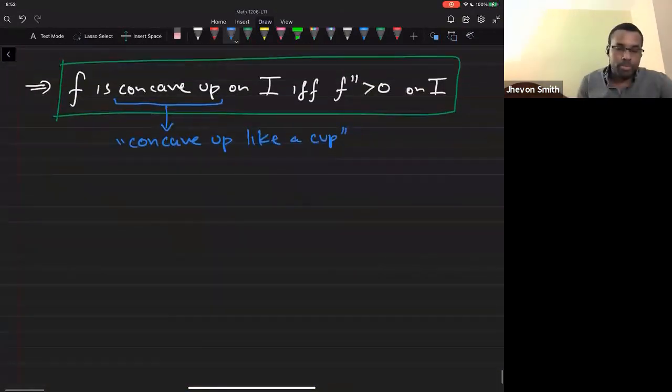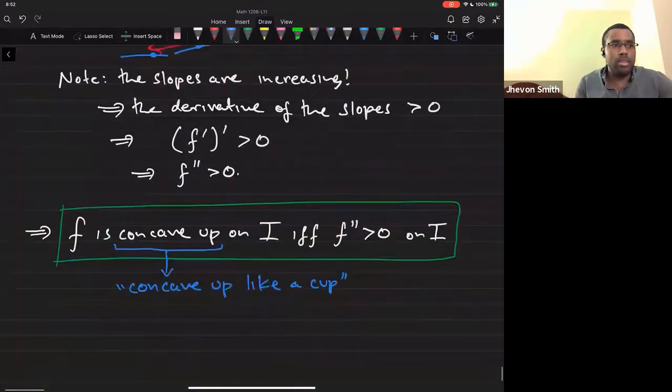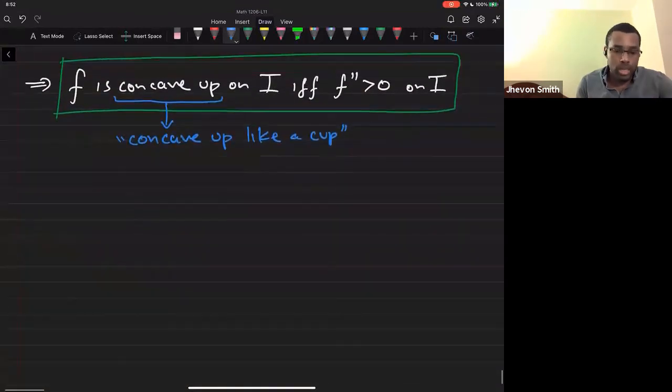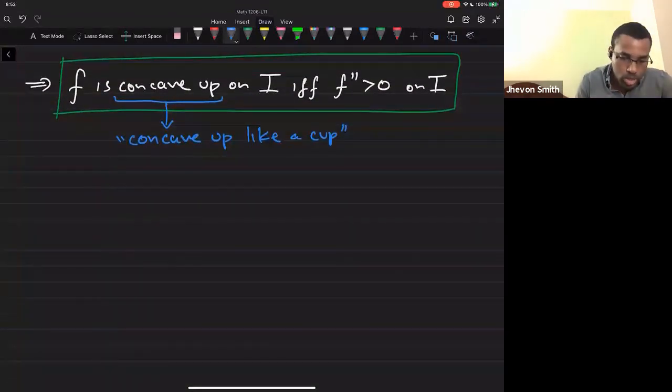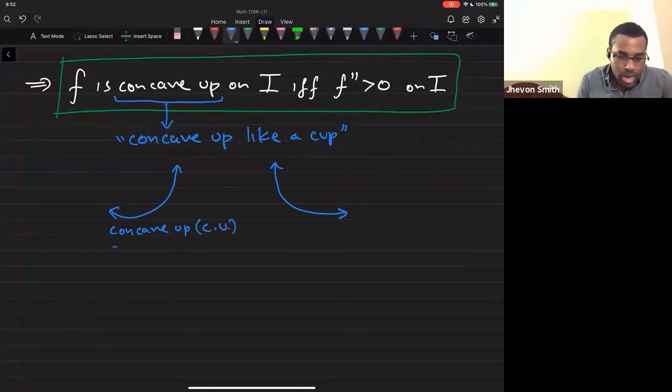So do not think that it means increasing. You can do both, right? You can have a function that does this. You can also have a function that does that. So this is concave up, I'm going to call it CU from now on, and increasing. And this is concave up and decreasing.